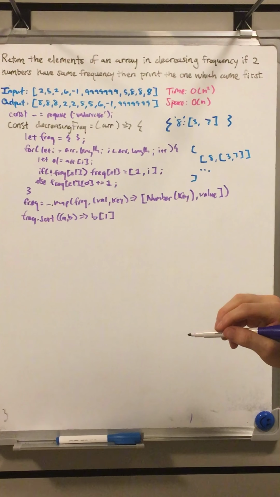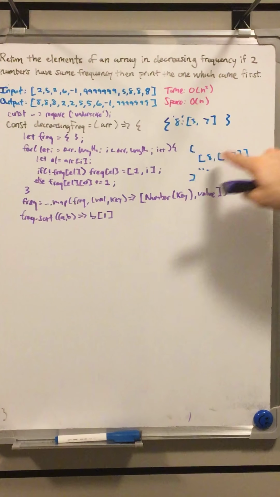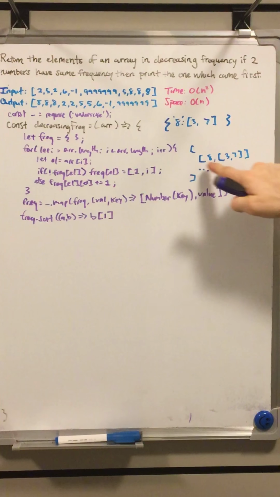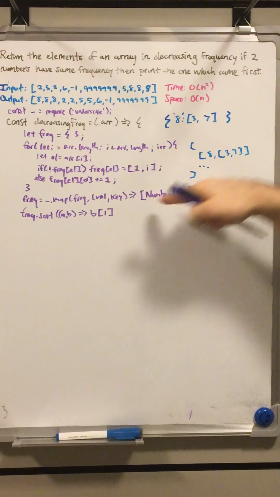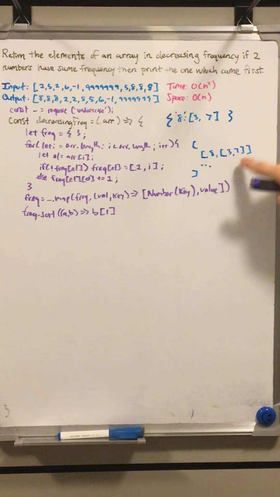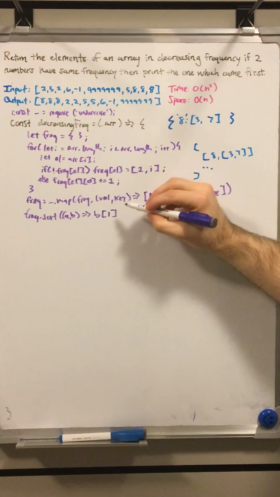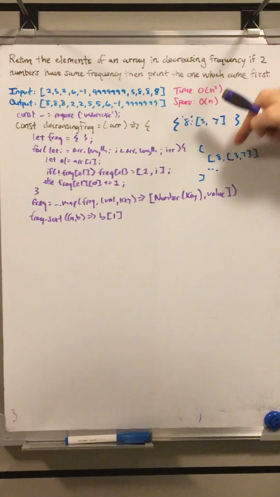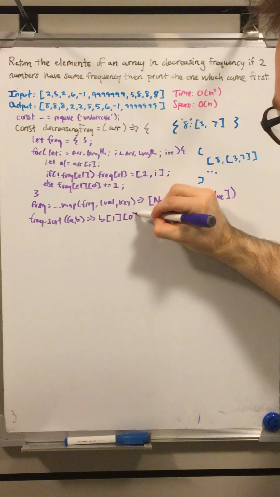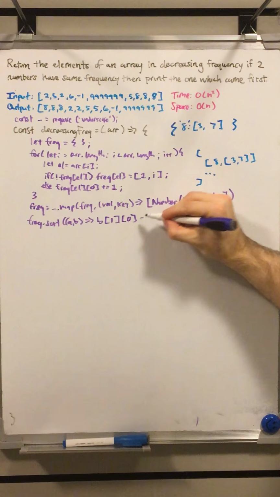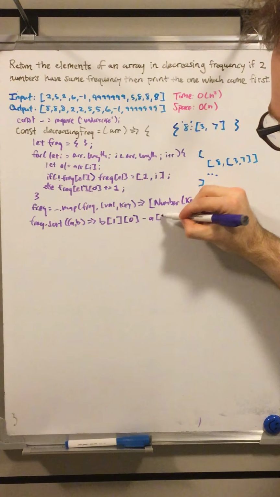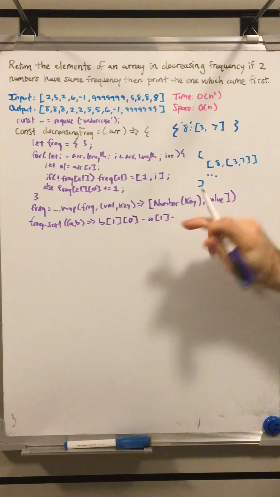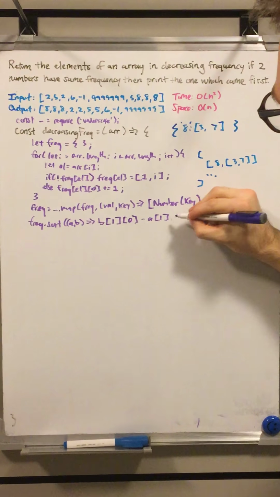So meaning if we're given this as the element we're looking at, we're going to look at the 1th element in that, which is the value property, and at the 0th item, which is the frequency. So what we're doing right now is we're going to sort it by frequency first. Then we're going to sort it by index.